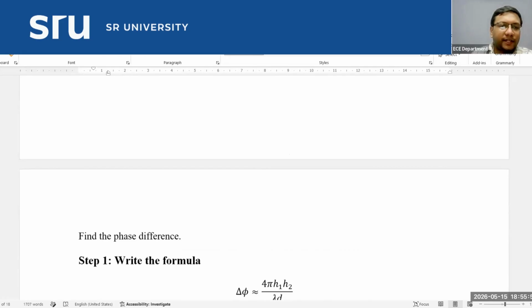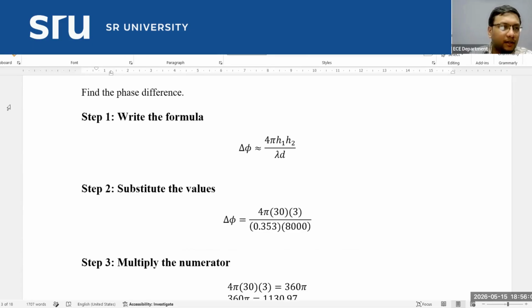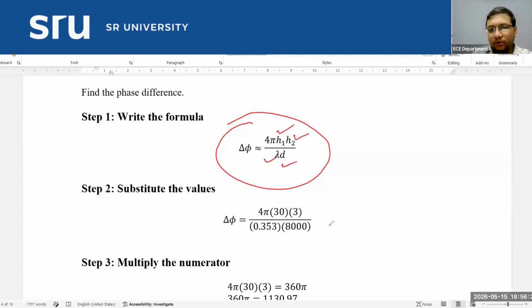Now from all these given values, if I write the formula, that formula we already deduced. So del phi approximately equal to 4 pi h1 h2 divided by lambda d. Now if I know h1, h2, lambda, and d, everything I know. So if I simply substitute the values, then finally it will come in radian.